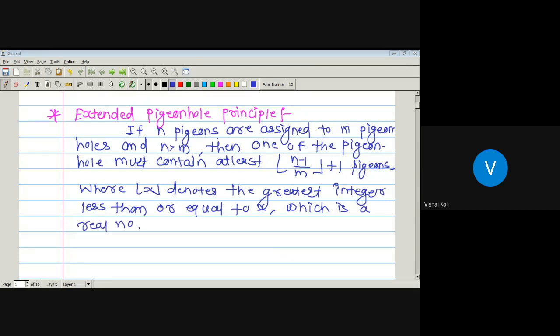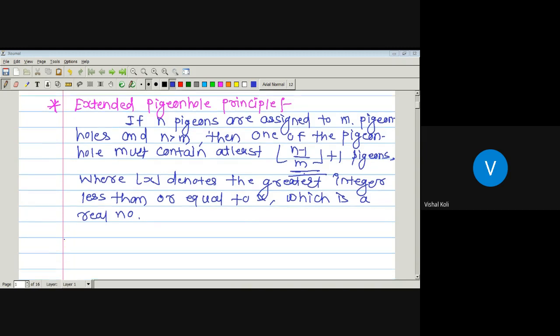Okay, so if there are n pigeons and m pigeonholes where n is greater than m, then one of the pigeonholes must contain the greatest integer value of (n minus 1) divided by m, plus 1 pigeons. Okay, and that is what we have to find out. Let us see an example.